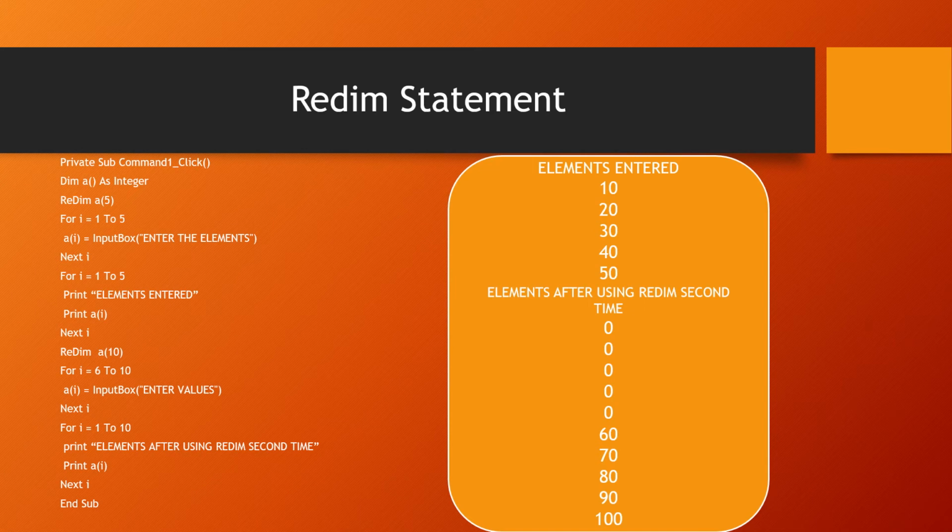After receiving the 5 values, that is 60, 70, 80, 90 and 100, we are printing the entire elements stored in A. So in the elements after using redim the second time, you can see that the old elements are erased, that is index values 1 to 5, 10, 20, 30, 40, 50 have been erased, and only the new values have been stored. So while we are using this redim statement again and again, the whole information is erased.